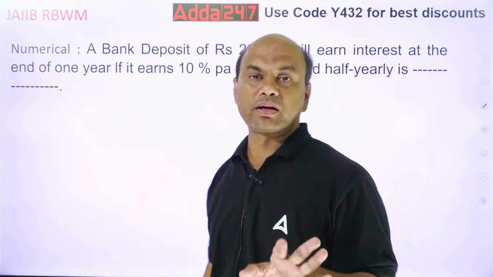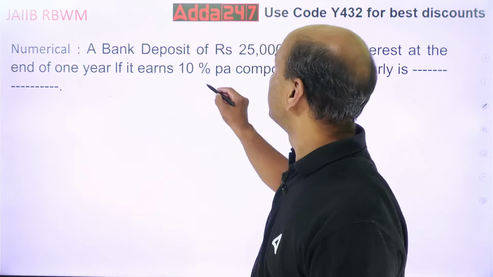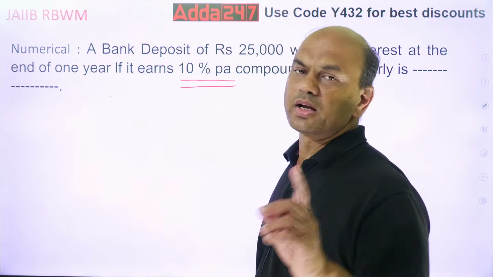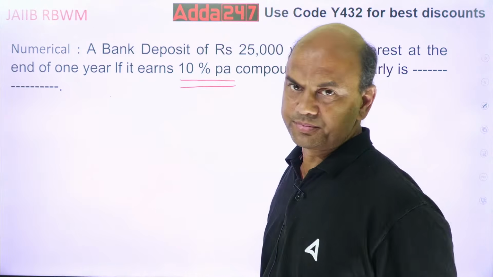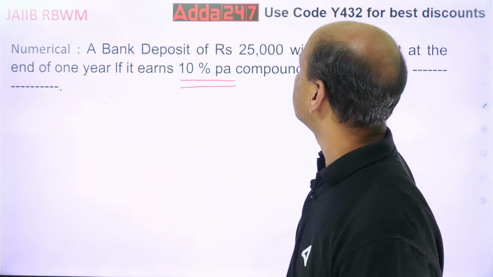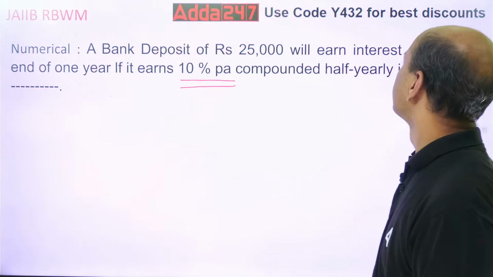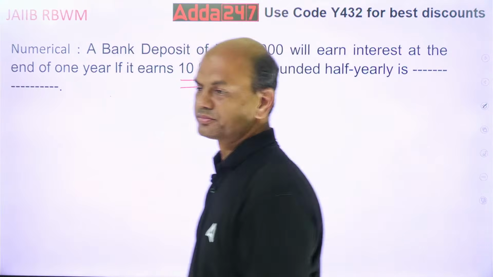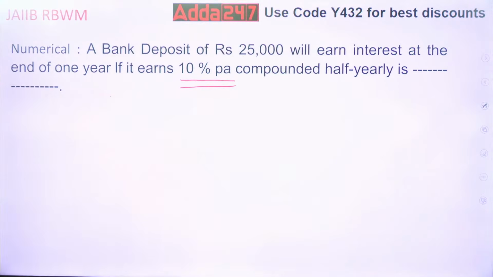Half yearly compounding and 10% per annum. You want the interest in 1 year. So now solve this everyone.